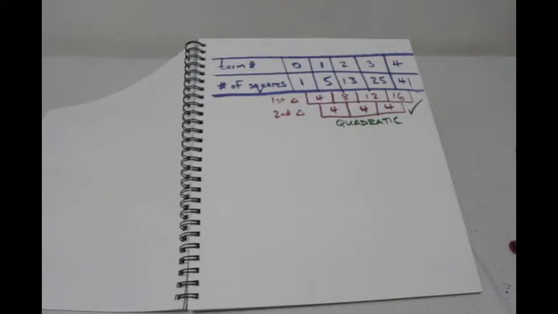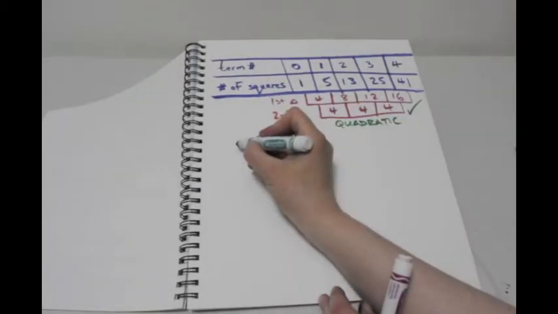Okay. I don't know if you know this, but if you take your second differences and divide them by 2, you get the a value for standard form. So standard form is here.